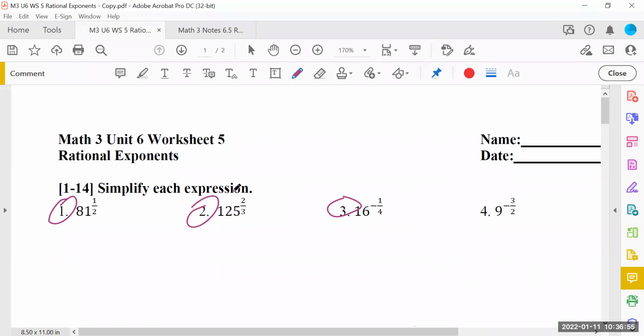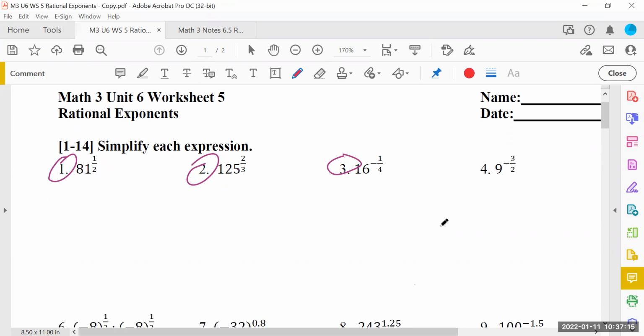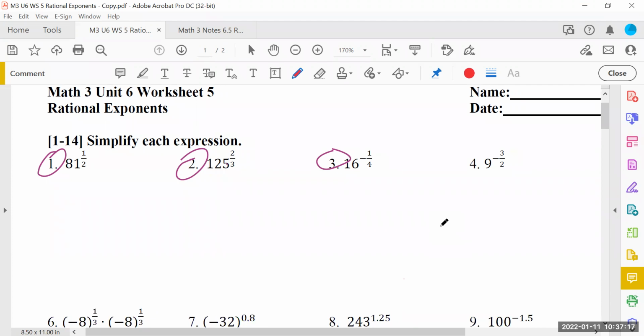I don't know what he did. Yeah, see how everything goes. Oh, negative. All right, let's try this.